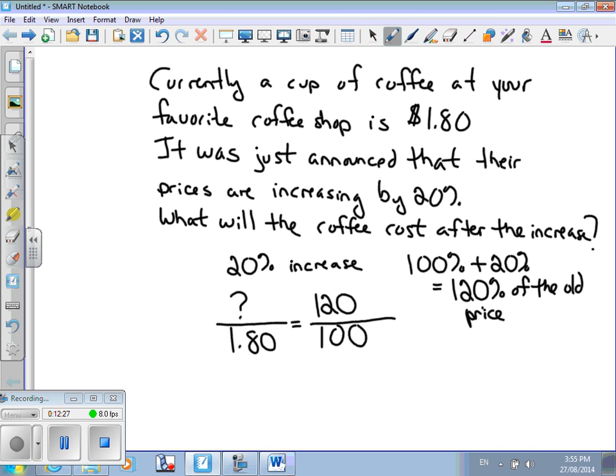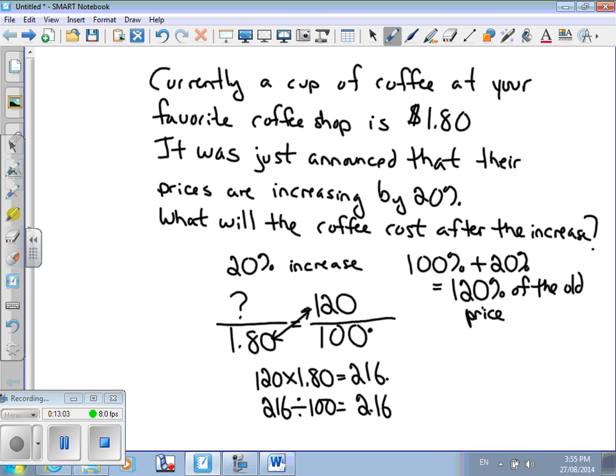Now that we've got it set up, multiply 120 times the $1.80. So 120 times the $1.80 is going to equal 216. 216 divided by the 100 that we see right here is going to be 2.16.